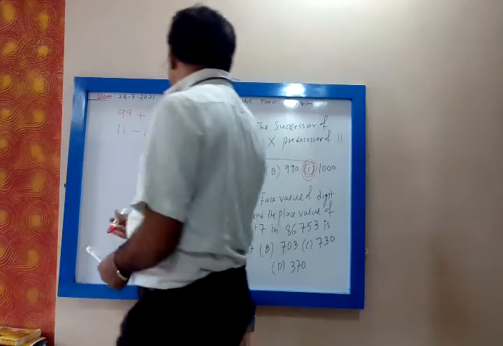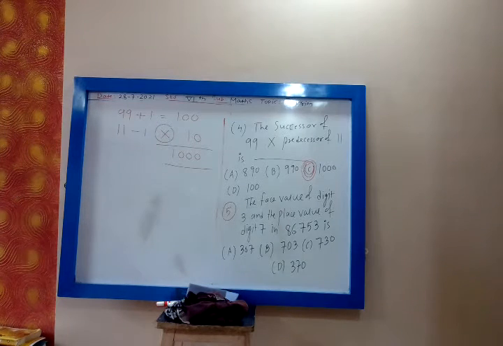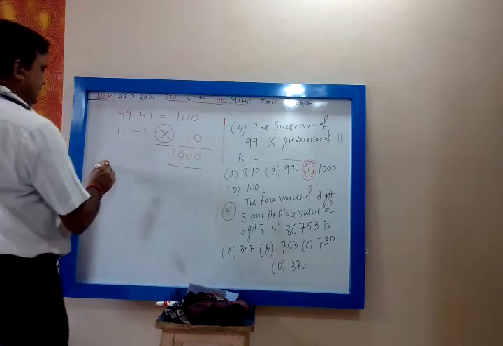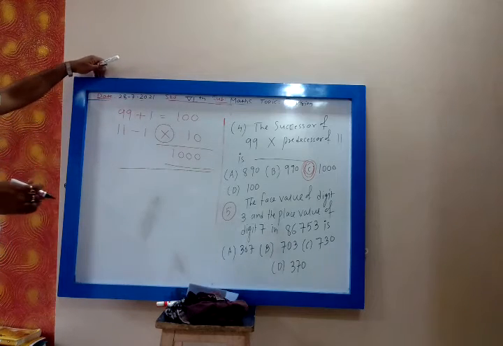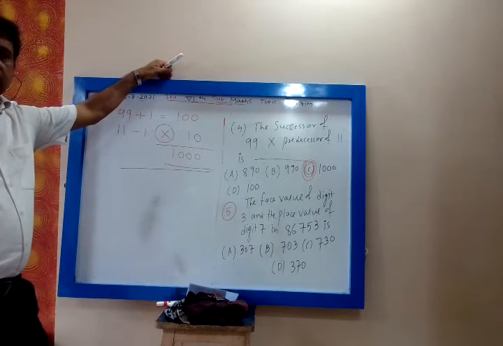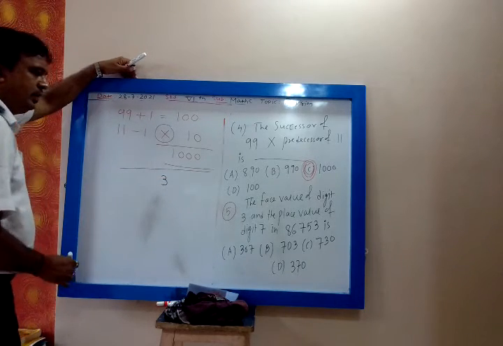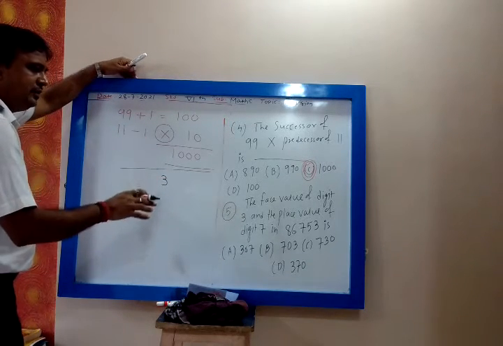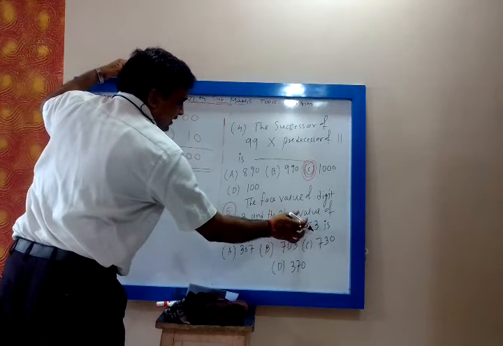Now go to the next, the fifth one. 703. Let us see. The face value of any digit remains the same. Face value of digit 3 will be 3 only. Okay? And the place value of digit 7. 7 is at which place? Ones, tens, hundreds.